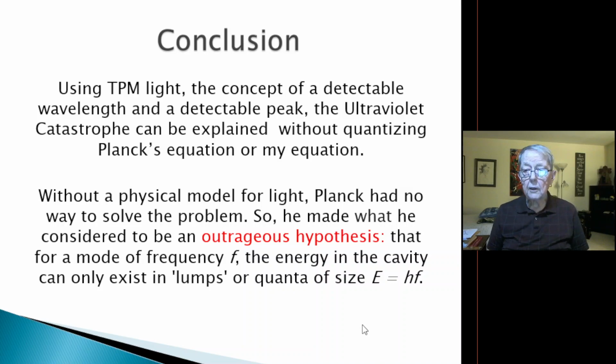So here's my conclusion. Using TPM light, the concept of a detectable wavelength and a detectable peak, the ultraviolet catastrophe can be explained without quantizing Planck's equation, or for that matter, my equation. I didn't put in a quantizing effect, but if we ever develop my equation a little more precisely, I would be putting limits on it.